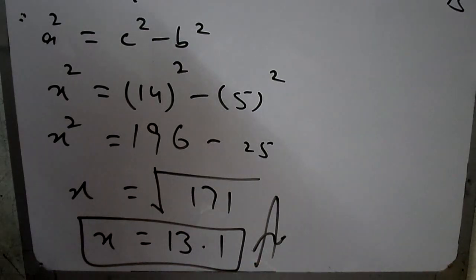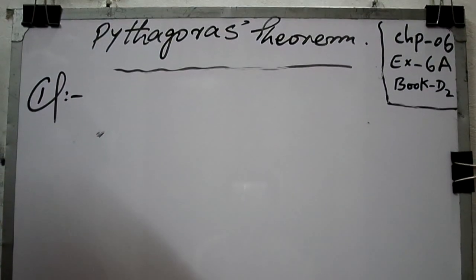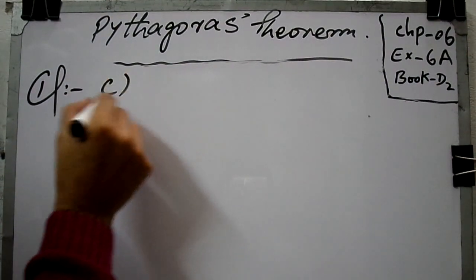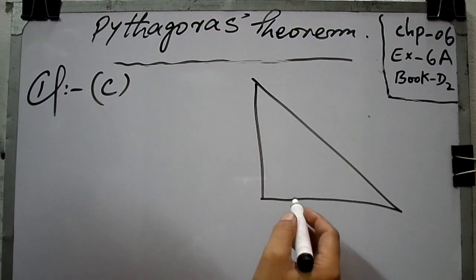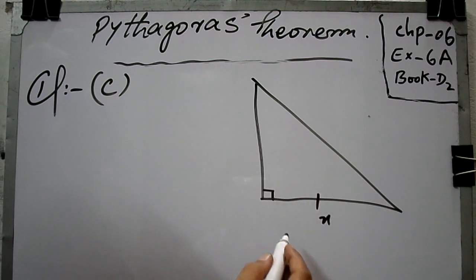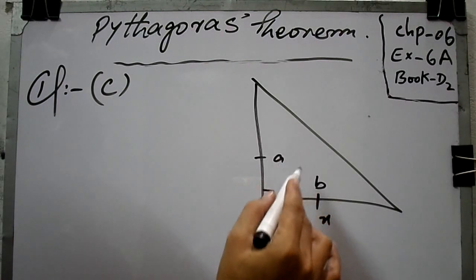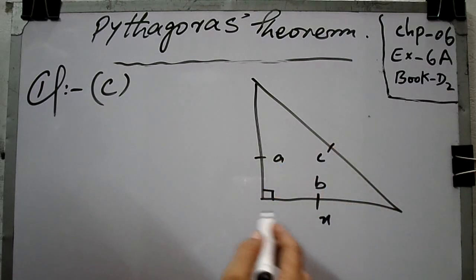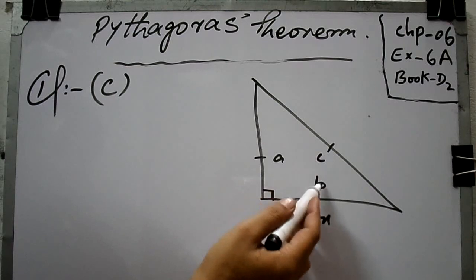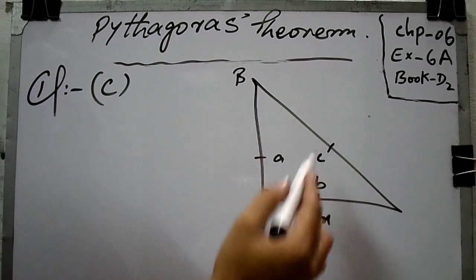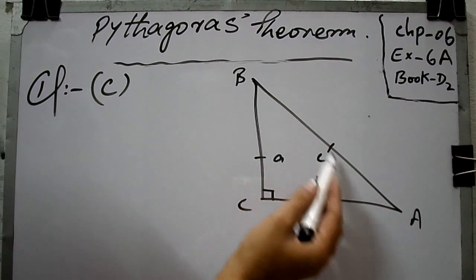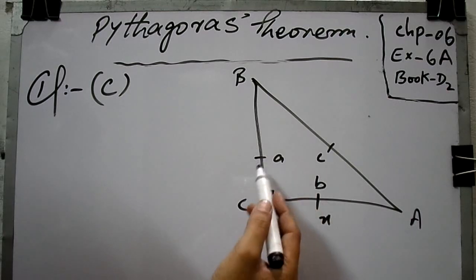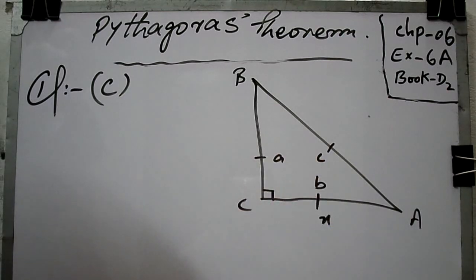Now coming to the next part, that is part C. Again another triangle is given to you. In part C you can see the diagram in your textbook is like this, that is your x, here is your 90 degree angle, so that is your base B, that is your altitude, and that is your C. You can give the names as small b opposite, so it should be b, it should be c, it should be a, because the sides are represented by the smaller letters a, b, c.